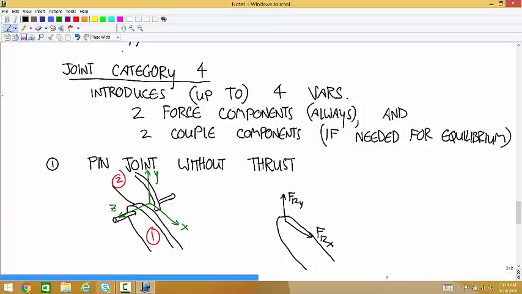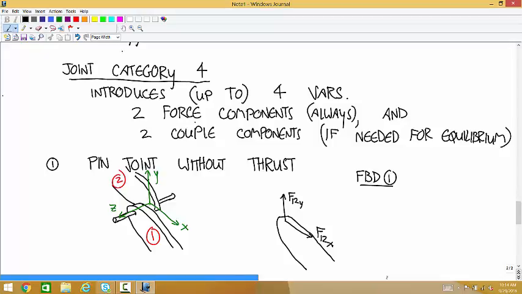And I still haven't, so this is a free body diagram of 1. I still haven't dealt with those 2 optional couple components. So what's up with those? Well, this is a pin joint with thrust, but forget about that for a second.